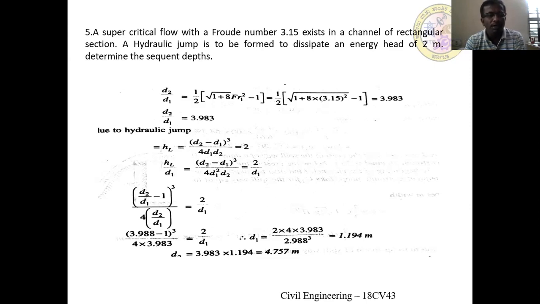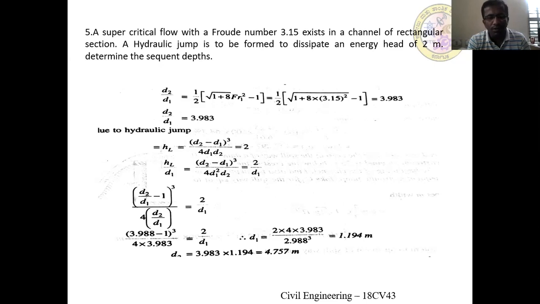So HL by D1 equals (D2 minus D1) whole cube divided by 4 D1 square D2, equals 2 by D1. With further simplification we get (D2 by D1 minus 1) whole cube divided by 4 D2 by D1.